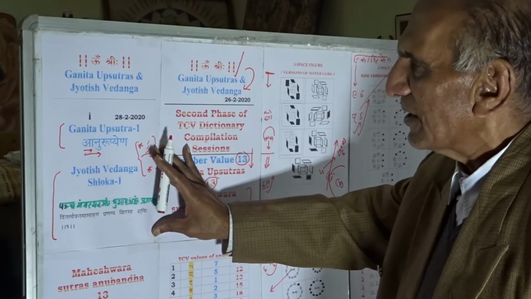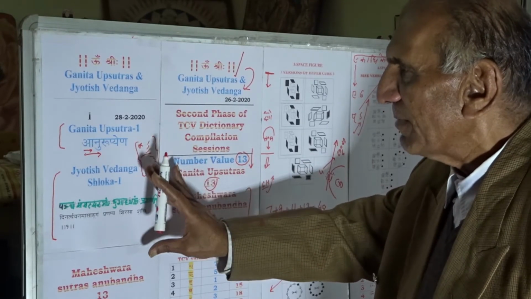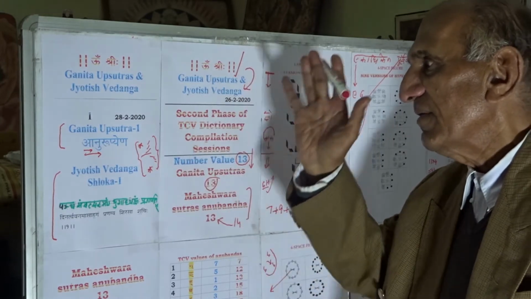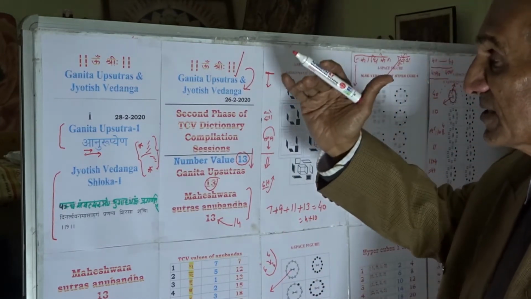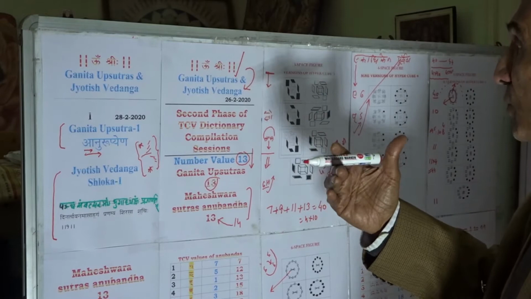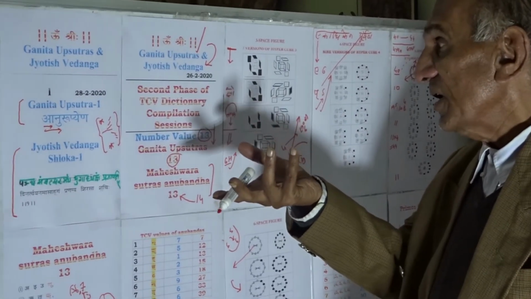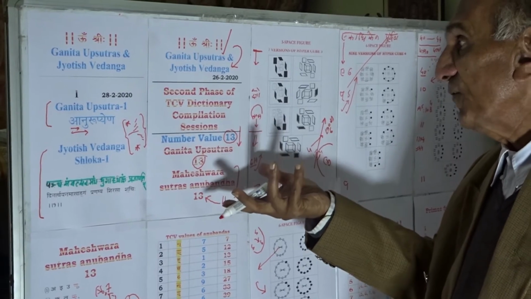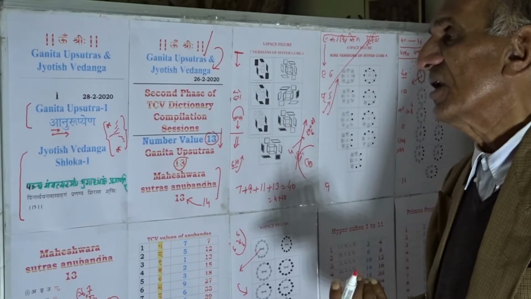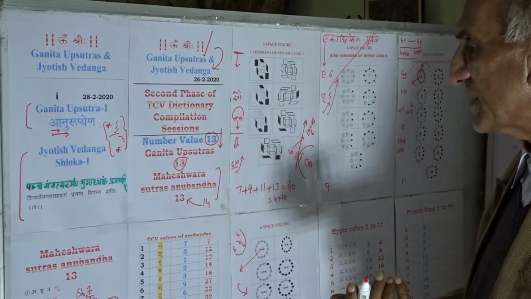We will be having TCV values, we will be reaching at the transcendence phenomenon so that we can have a glimpse of the range of this second phase of TCV dictionary values, features and format.